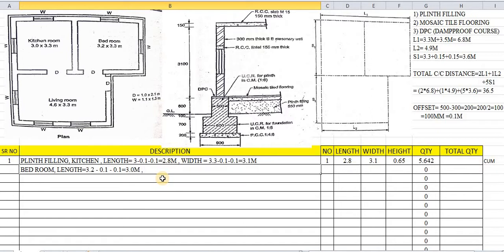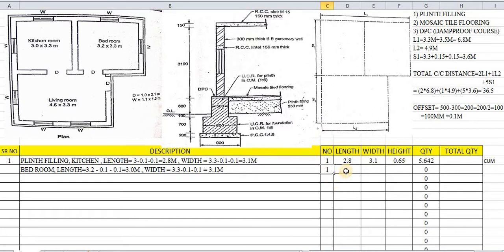What about the width of the bedroom? So again we will find out the width. The width in this case is the same, that is 3.3. So 3.3 is the width minus 0.1 minus 0.1, and it comes to 3.1 meters. It is very simple calculation.